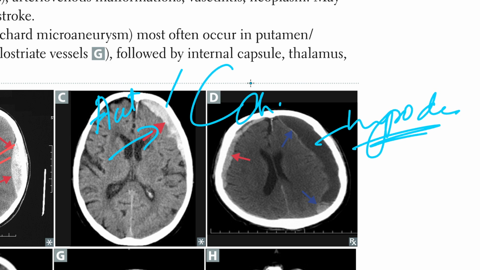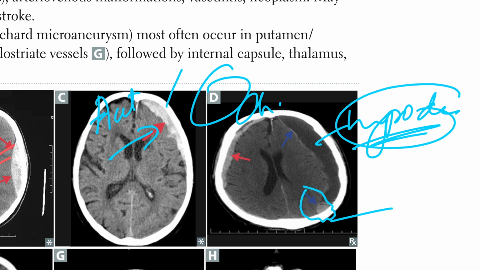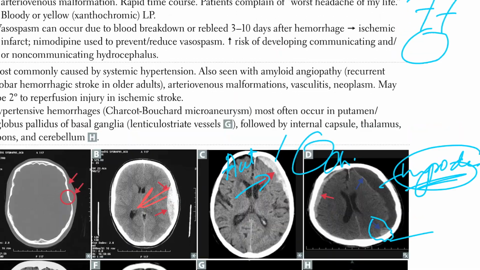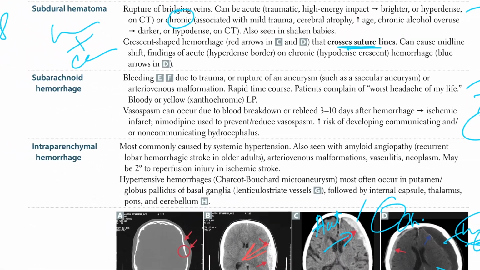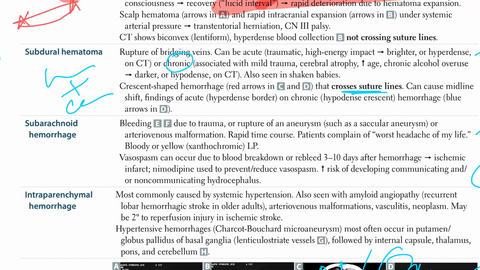But if you look at this picture D, you have a hypodense lesion, but here you also have a hyperdense lesion. Okay, so that is also seen. And that's pretty much what we have for subdural hemorrhage.